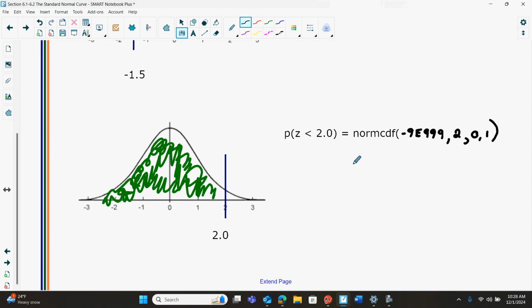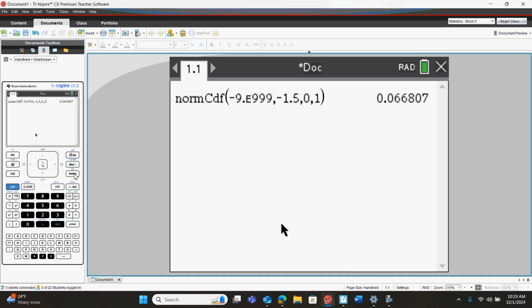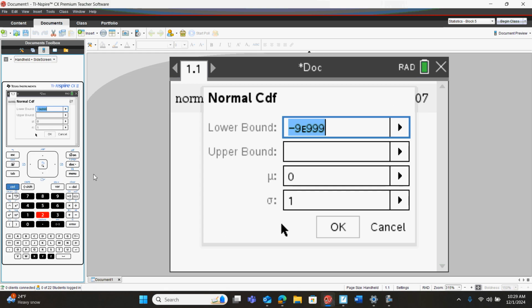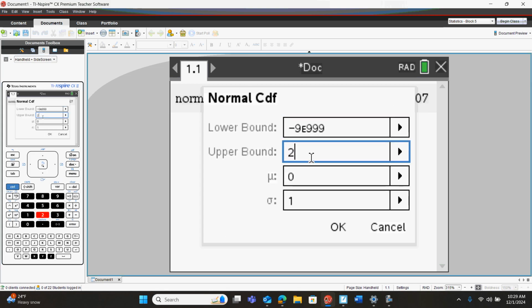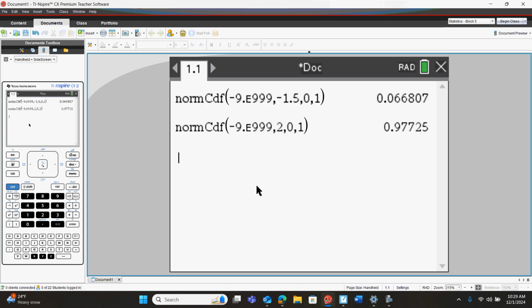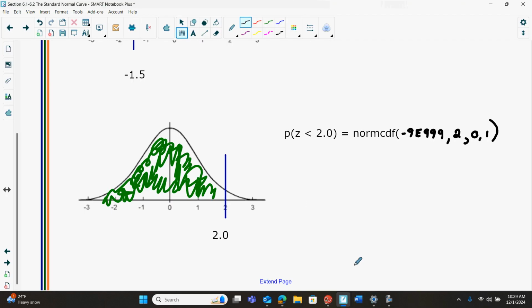So if I come back to my calculator, let's do it again. Menu 552. Our upper bound is 2 now. Keep the rest the same. And we got, ooh, that's a big one: 0.977 or 97.7%. So the probability of a z-score less than 2 equals 0.977. Okay, moving right along.